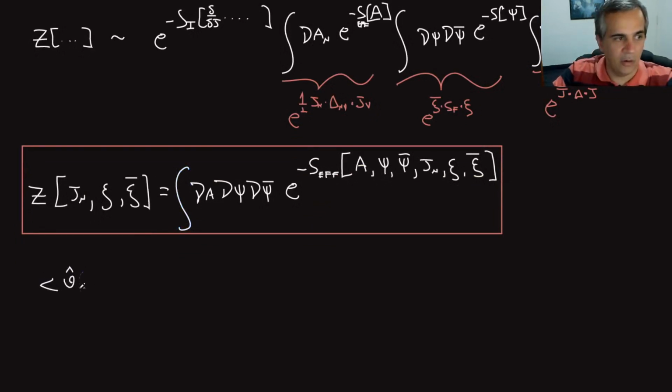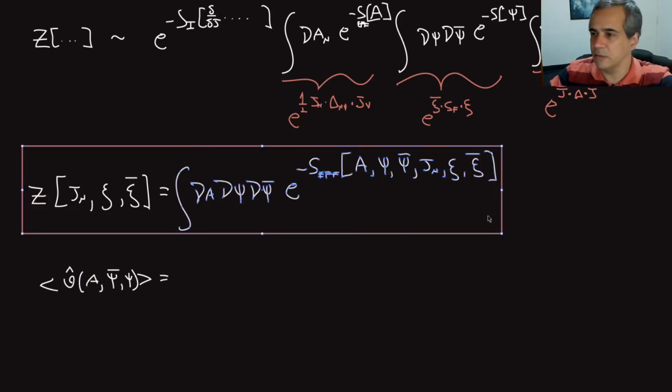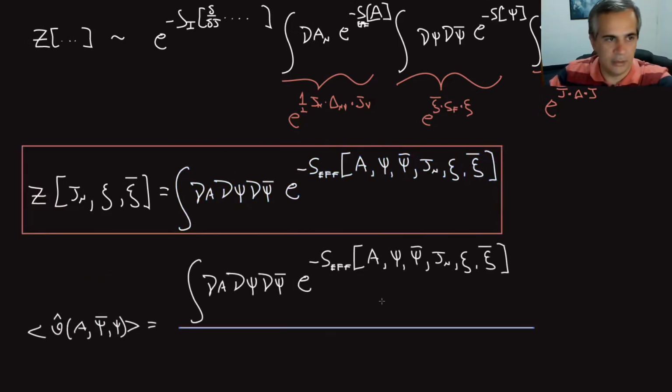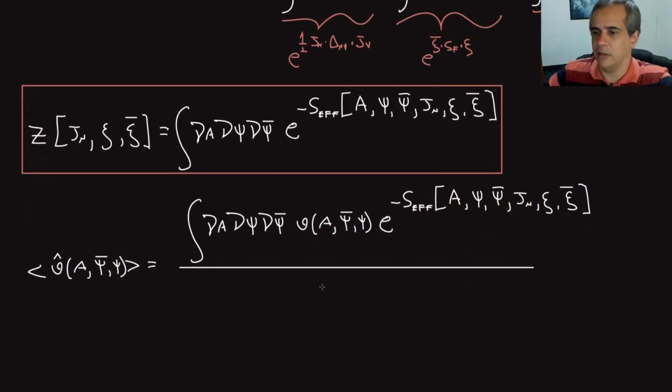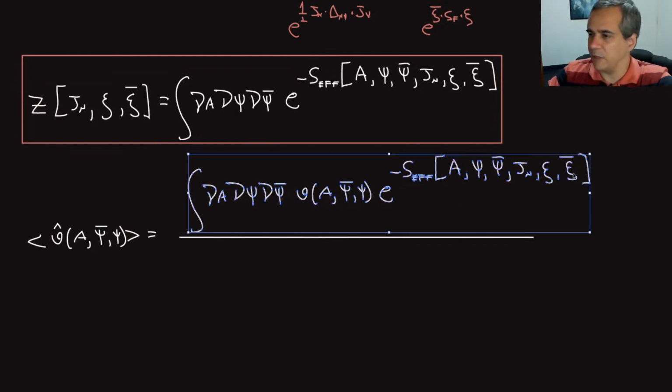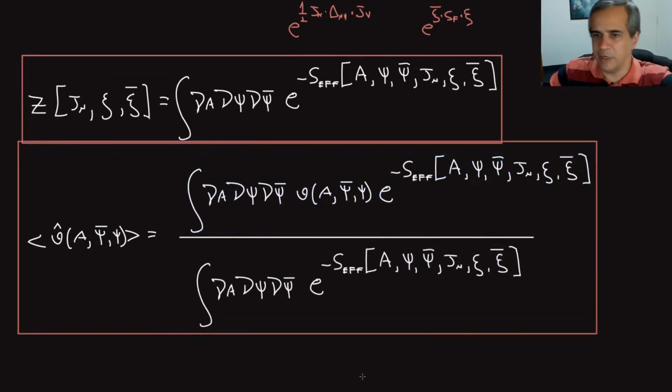For any operator in this theory, the expectation value will be given by this thing divided by this thing, of course, with the operator here now as a classical function, divided by the same thing without the operator, which gets rid of all the normalizations and vacuum bubbles. Now you probably have gotten used to that.